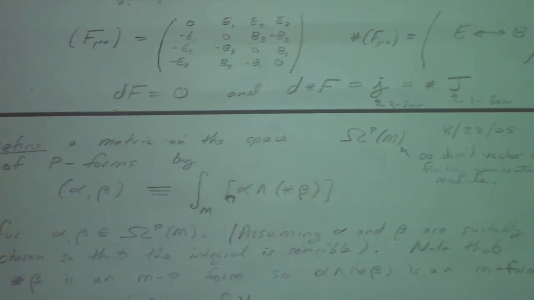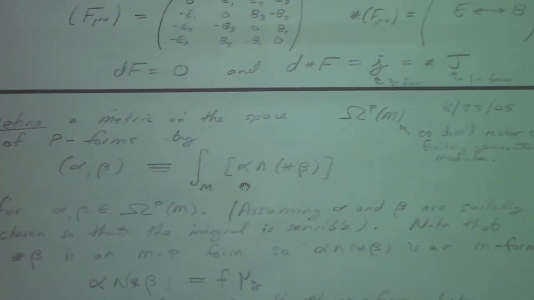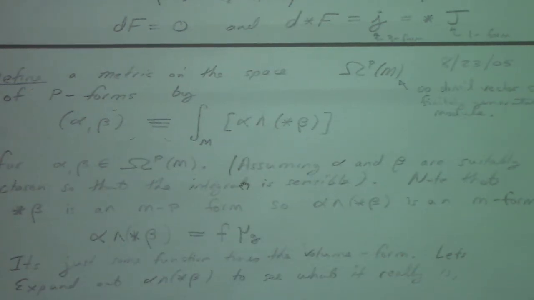I mean, there's got to be some notion of convergence here, right? Yeah, compactly supported, something like that, exactly. But I think we'll focus on the algebraic structure here mostly. Anyway, so alpha and beta are p-forms, assuming alpha and beta are suitably chosen such that the integral is sensible.